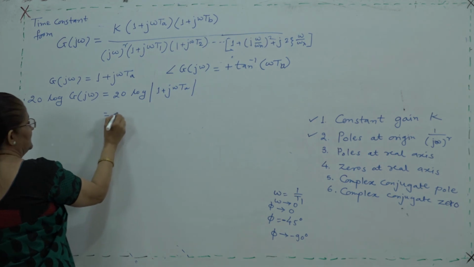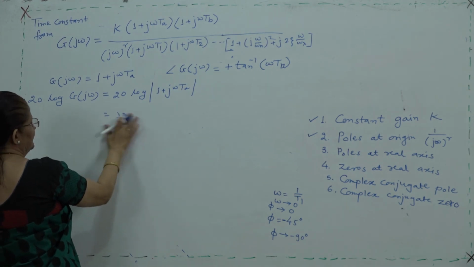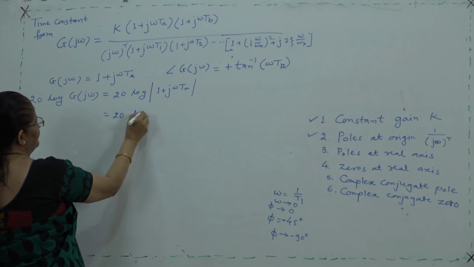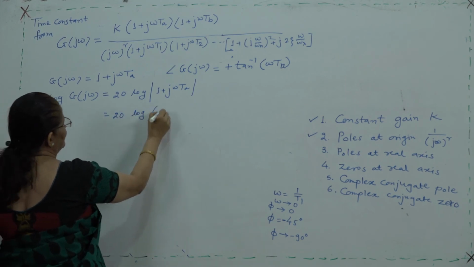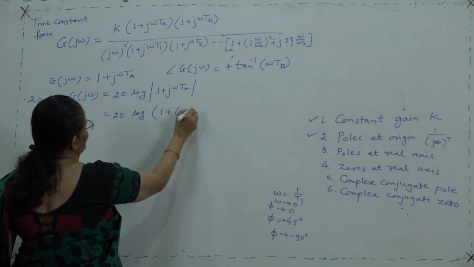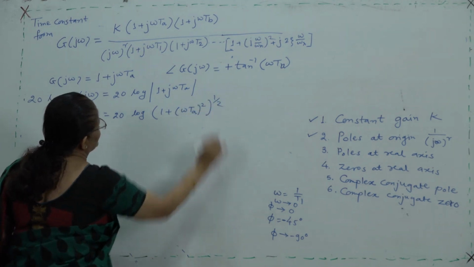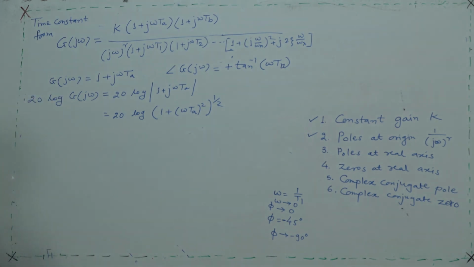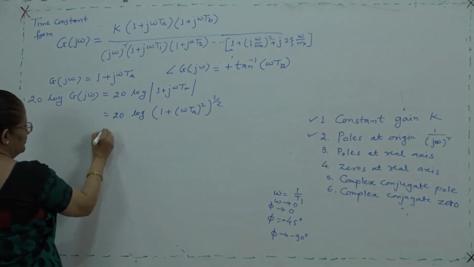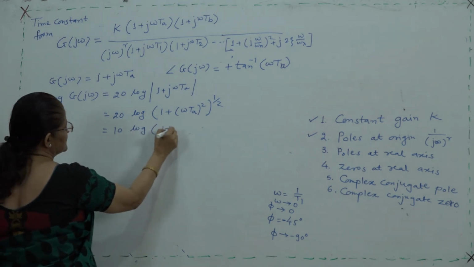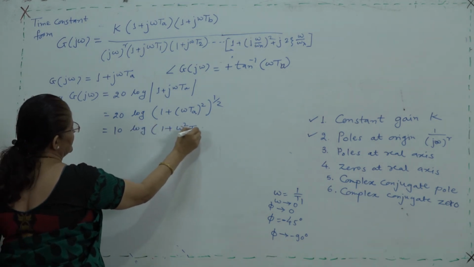So, what you will get here? 20 log of 1 plus omega T A square, all this under root. So, under root term we will get here 10 log of 1 plus omega square T A square.